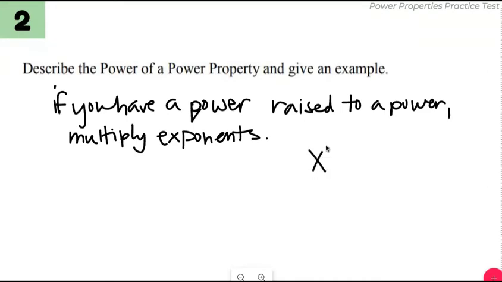For example, x to the second power all to the third power equals x to the 2 times 3, which is x to the sixth. That would be an example. Or you could give an example with numbers. Either way.